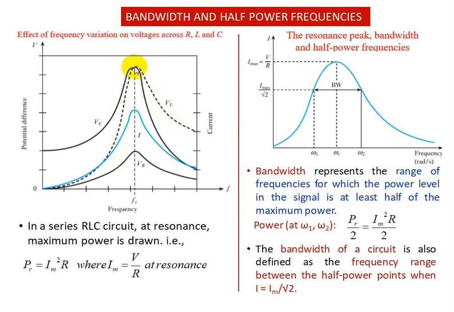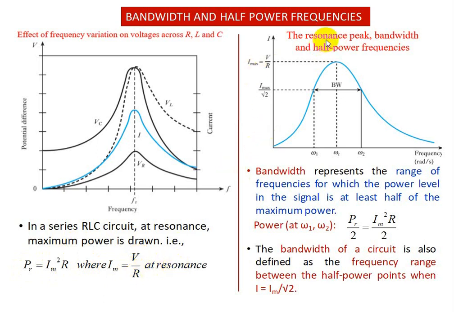At this point, we find that both VL and VC are the same. In an RLC circuit, at resonance, maximum power is drawn from the supply. The resistance is the component which consumes power. So the power at resonance is called PR, equal to the square of the current at resonance, that is Im square into R, where Im is voltage divided by resistance.